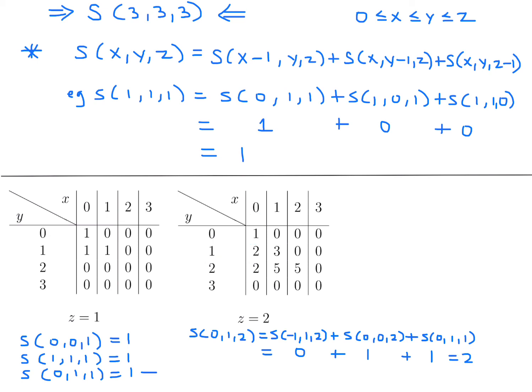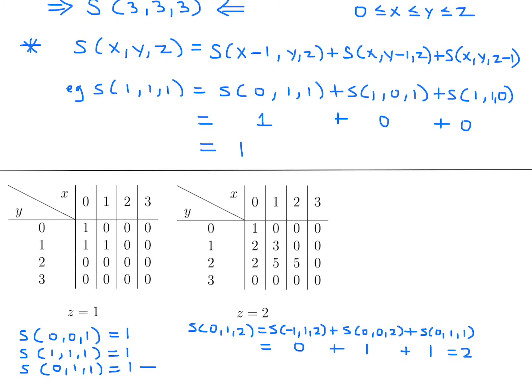So let's just do one more to show how this formula is working. Let's show how we got S of 1, 1, 2. According to this formula, it is equal to S of 0, 1, 2 plus S of 1, 0, 2 plus S of 1, 1, 1.